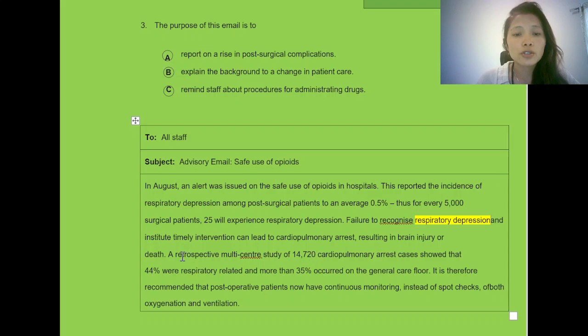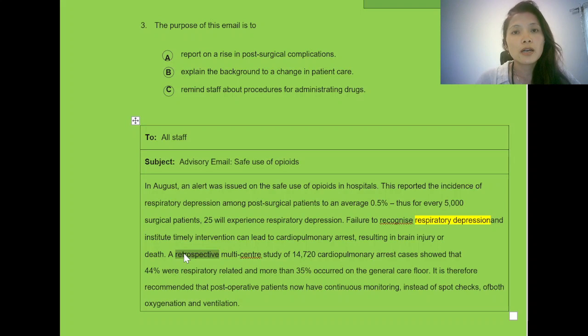So, a retrospective. Again, these are research words you should keep in mind. Try to learn the maximum of the research words, because I'm telling you all this: research words come up the most in OET reading, and they may be unfamiliar to you.